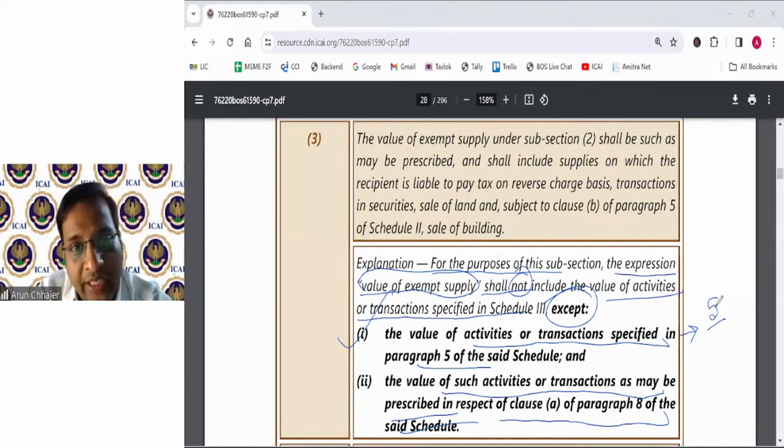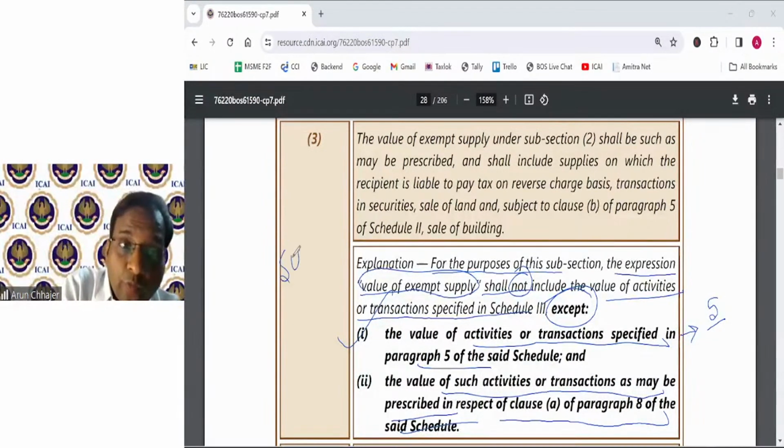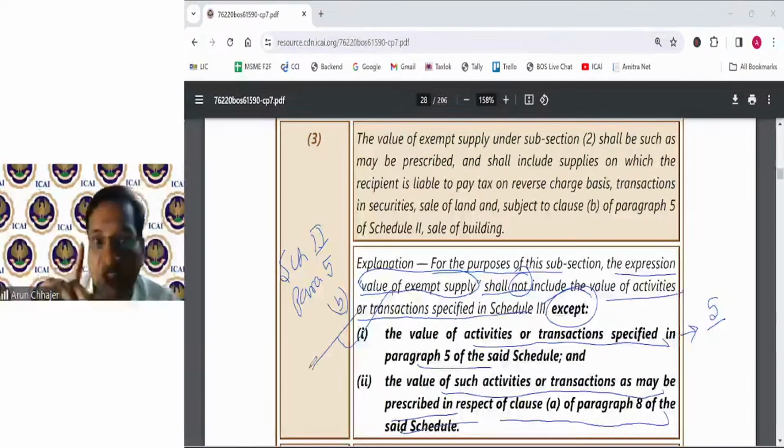If we sold a completed building, why am I using the word completed building? It means Schedule 2, para 5, clause B talks about under construction. Schedule 2, para 5, clause B is talking about an under construction building.